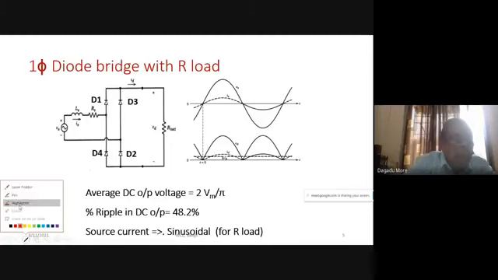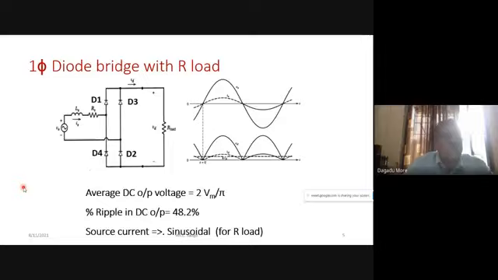Now let us take a revision of this. Here we have shown a circuit of a single phase diode bridge. The supply voltage is represented as Vs, with a source inductance Ls and resistance Rs, where Is is our supply current.